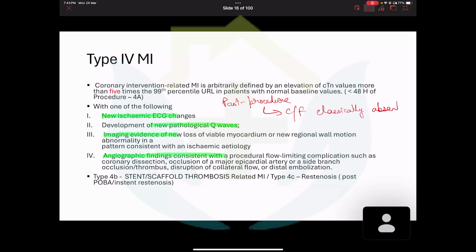Why? Because it is post-procedure and it should occur within 48 hours of the procedure. And the cutoff is 5 times. So the cardiac troponin should be more than 5 times and it should occur within 48 hours of the procedure.